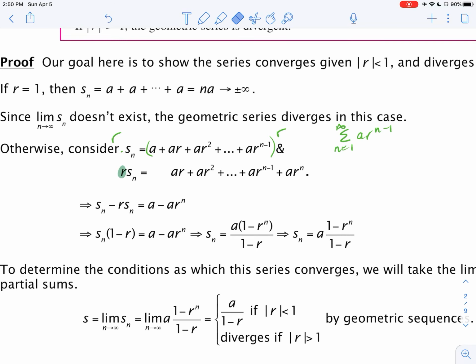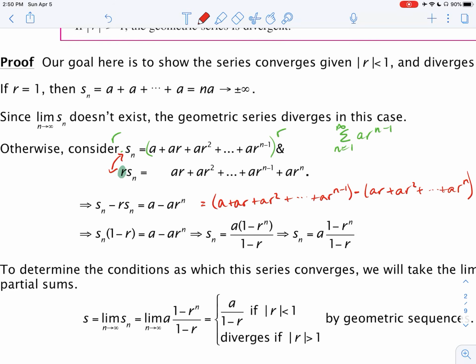Next, they do a simple trick where they take these two items and compute S sub n minus r S sub n. If you looked at it, we have a plus ar plus ar squared plus dot, dot, dot plus ar to the n minus 1, take away ar plus ar squared plus dot, dot, dot plus ar to the n.